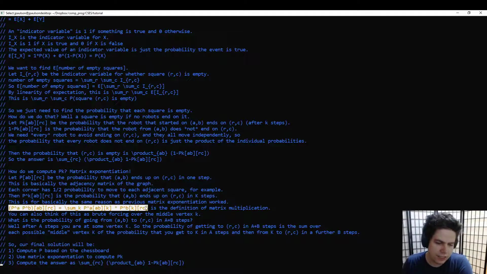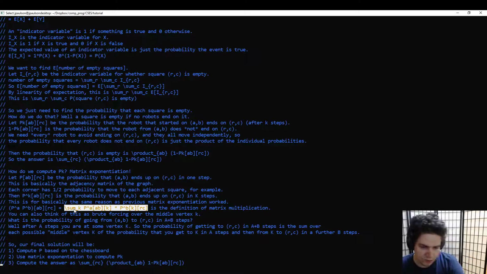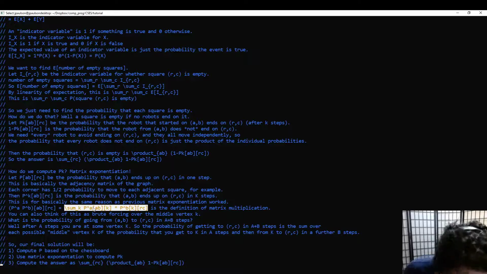The general case is if we have a product of 2 powers of P from AB to RC. The definition of matrix multiplication is that it's the dot product of the AB row of P to the a with the RC column of P to the b.